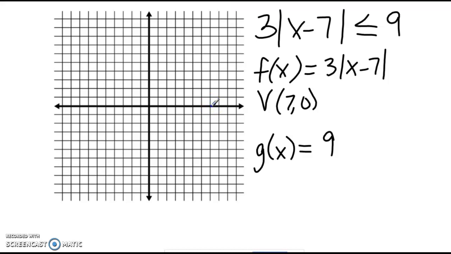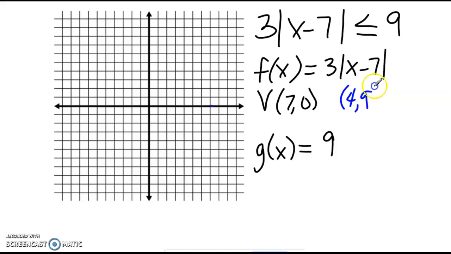And then I am going to use 4. So when I plug in 4 minus 7, that would be negative 3. The absolute value of that would be positive 3, times 3 is 9.